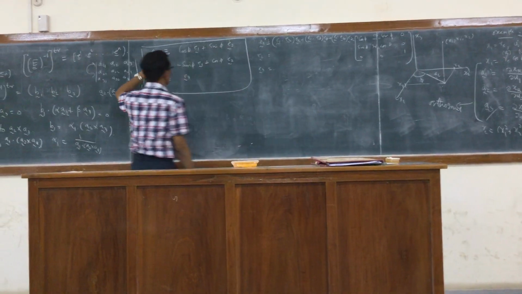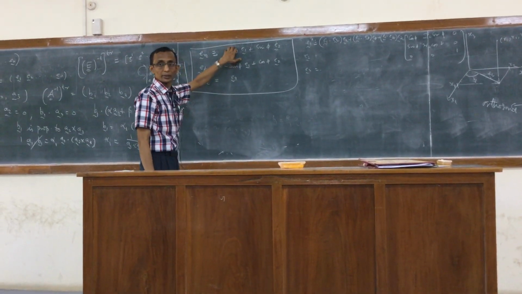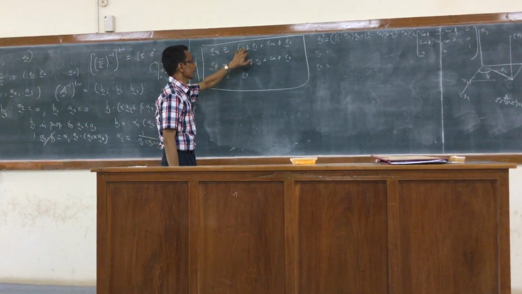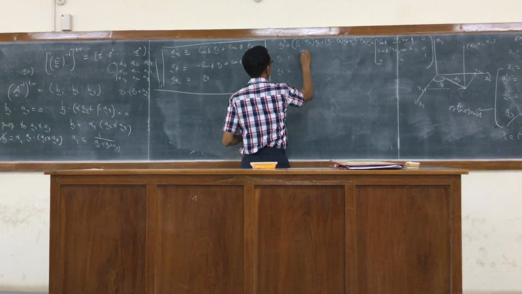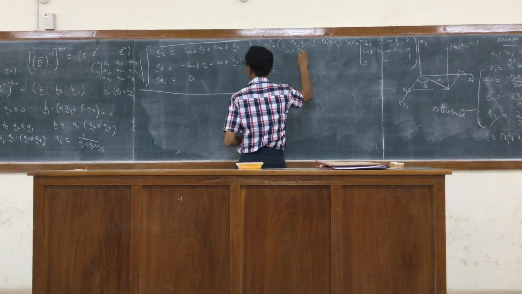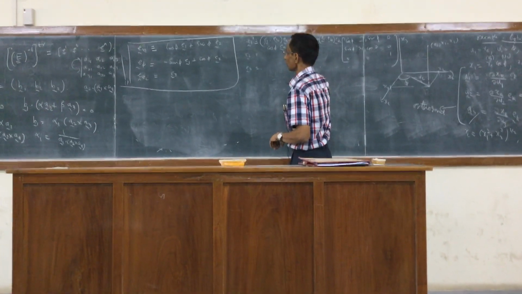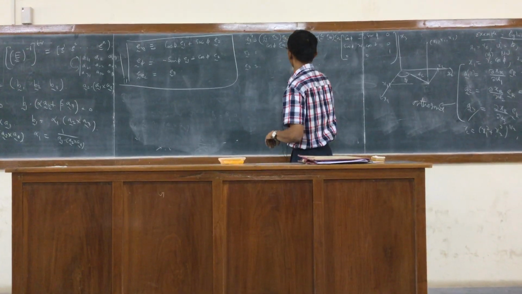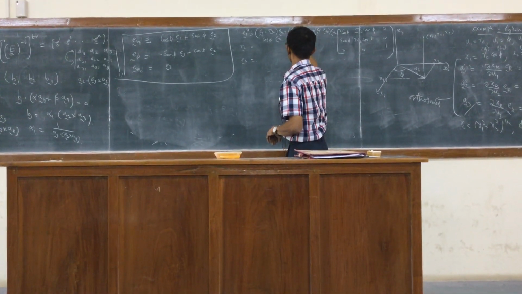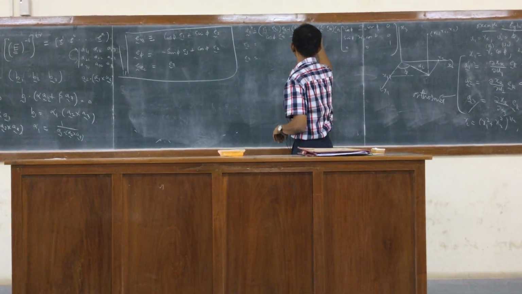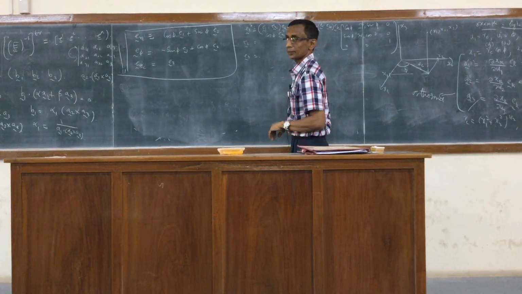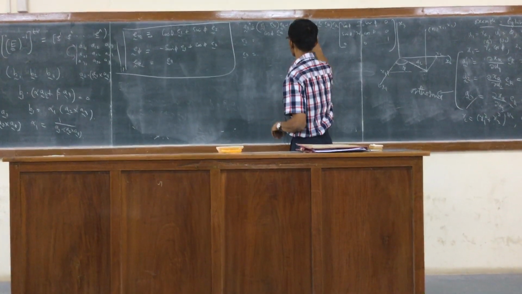E1 dotted with e_rc is simply e_rc dotted with E1, that I can easily get as cos phi e_rc, plus E1 dotted with e_phi would be minus sin phi e_phi, and E1 dotted with e_zc is of course 0. So this is what I will get.